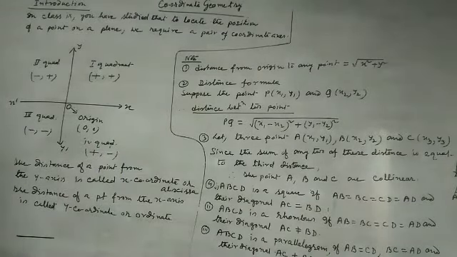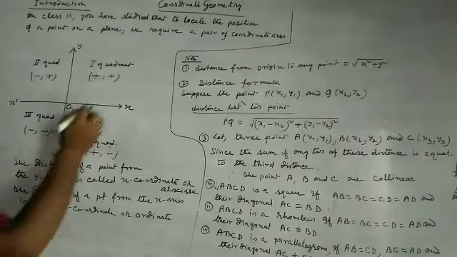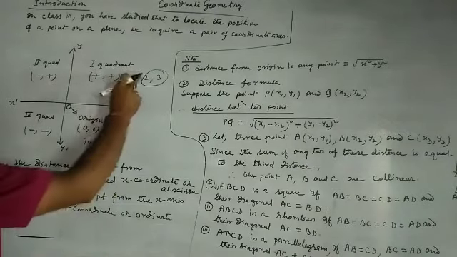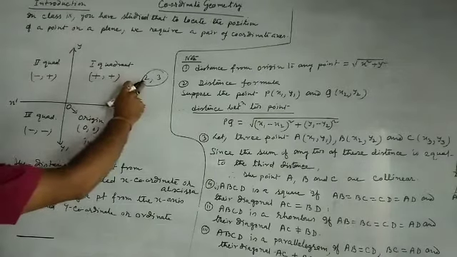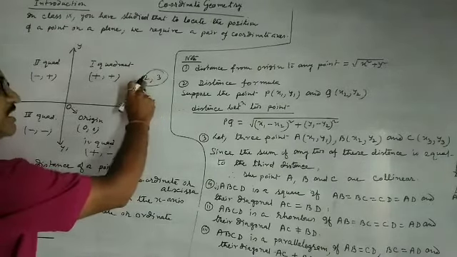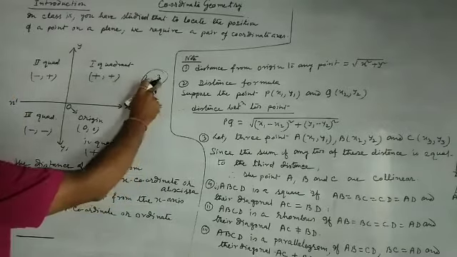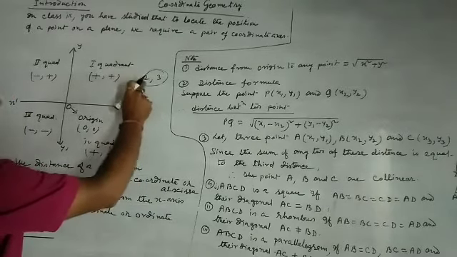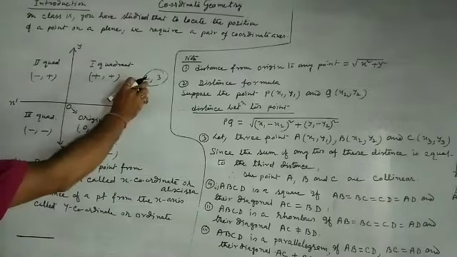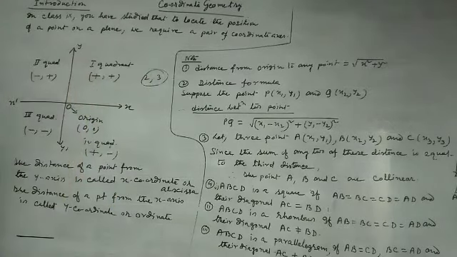You mean to say, if a point is (2, 3), the x coordinate is plus 2 and the y coordinate is plus 3, both with plus sign. So this point is plotted in the first quadrant.